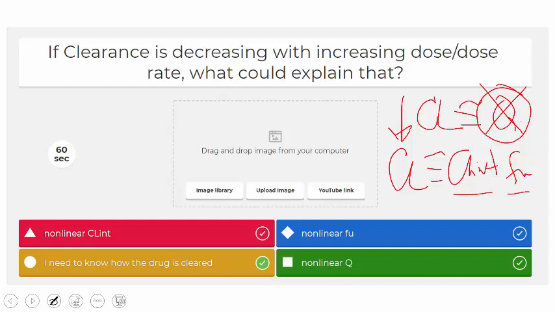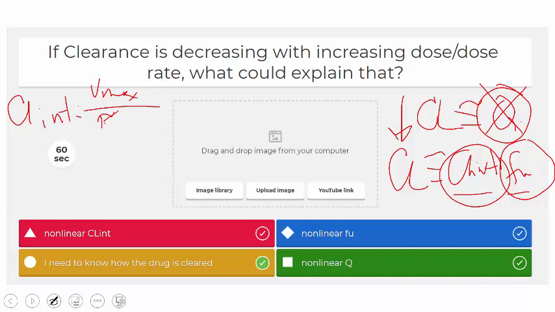But both intrinsic clearance, the enzyme activity, and binding could be nonlinear because they're both dependent upon Michaelis-Menten, right? So intrinsic clearance is dependent upon Vmax over Km plus concentration. So there is this concentration component, therefore it could be nonlinear.